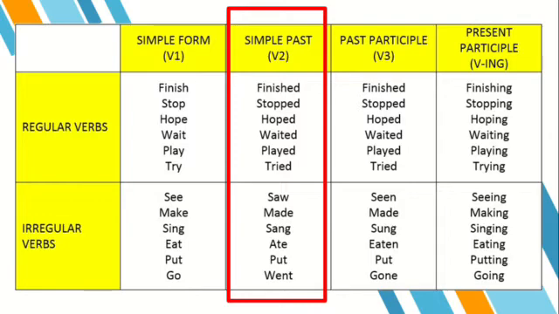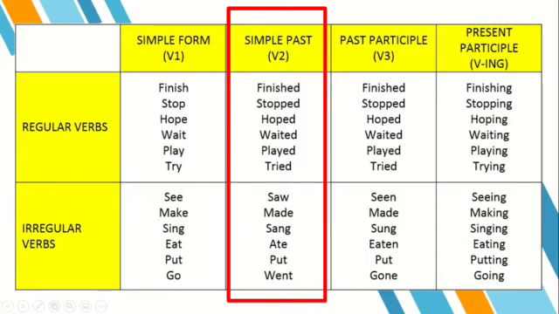For example, there is the word see, so it becomes saw, and then verb 3 is seen, and then make, made. The second one and the third one are the same. And then this one, sing, becomes sang, and then this one, sung.